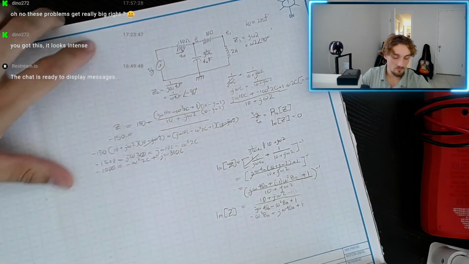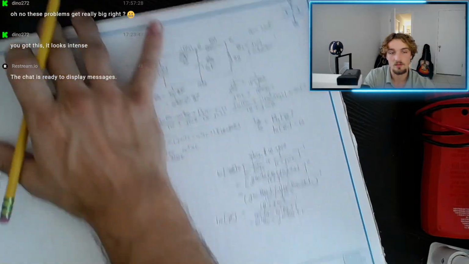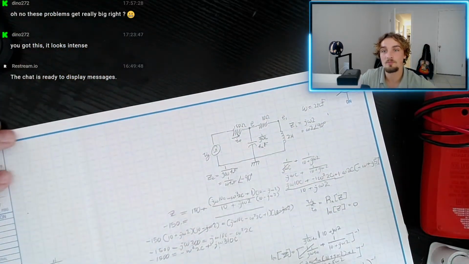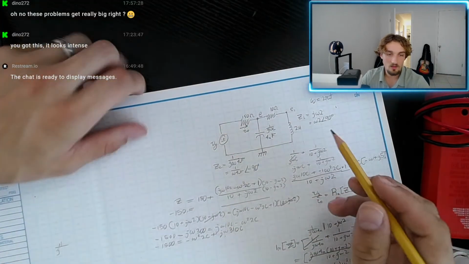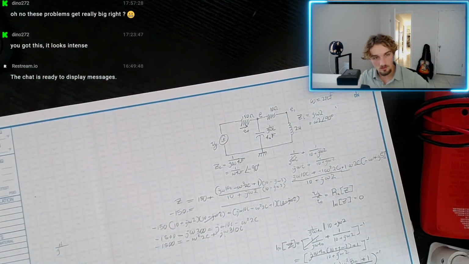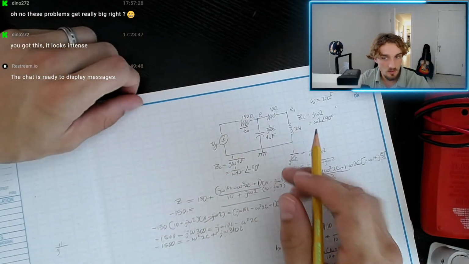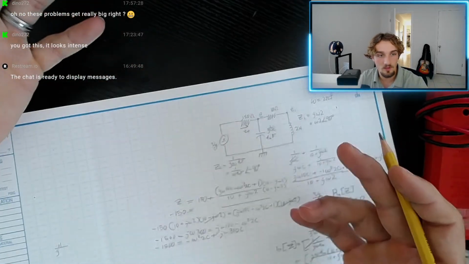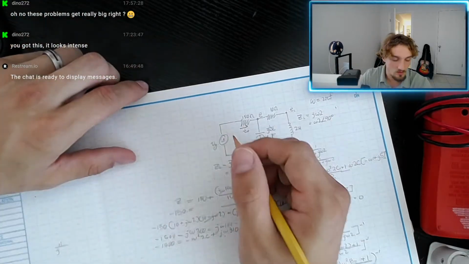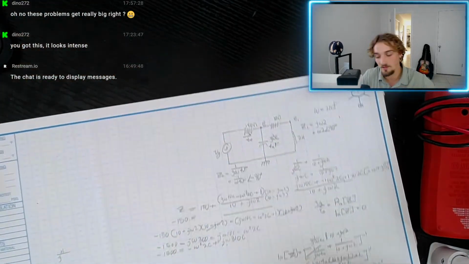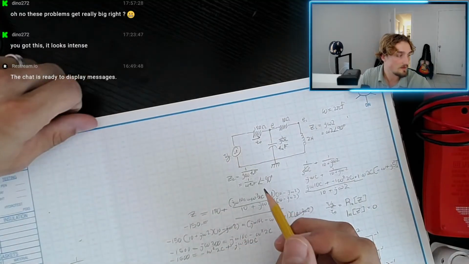For a complex fraction. Wait, so, oh no, these problems get really big, right? I wouldn't say so. I don't think I have the right method. I don't think I know it. So let's apply this.